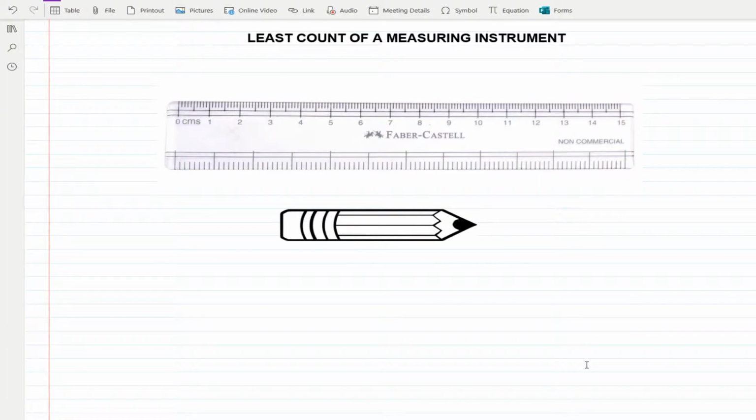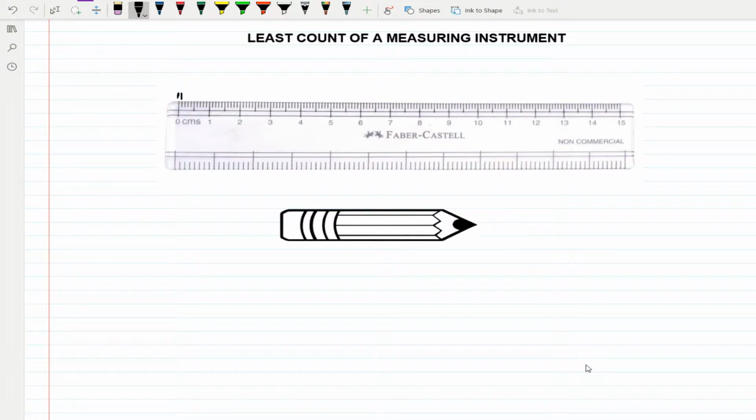Here on the screen we have a meter scale, a very common scale which you all have used. Now if we are asked to find the least count of this particular instrument, that is the minimum reading this instrument can take, then we can see that the minimum reading it can take is this particular small division, this gap.